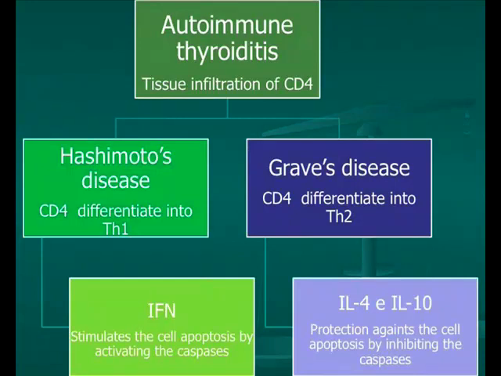Interleukin-4 and interleukin-10 are therapeutic in Hashimoto's thyroiditis, and the effector cytokines for Graves' disease are therapeutic in Hashimoto's thyroiditis. So the concept is very interesting. There is a sort of thyroid balance that allows us to carry out an extremely re-equilibrating therapy.